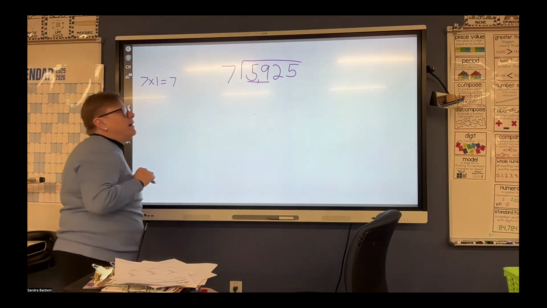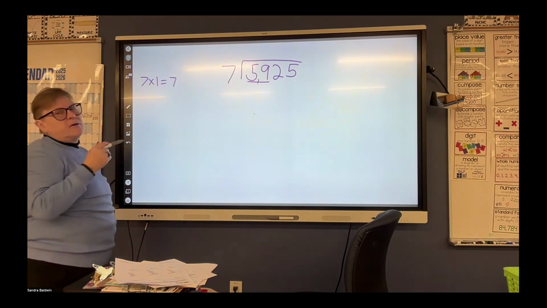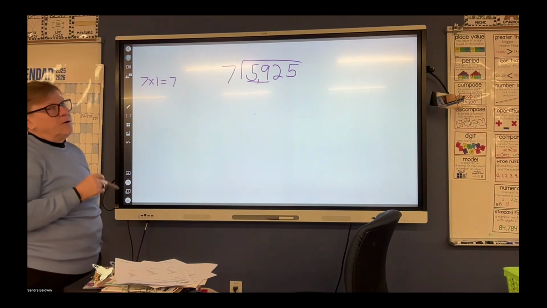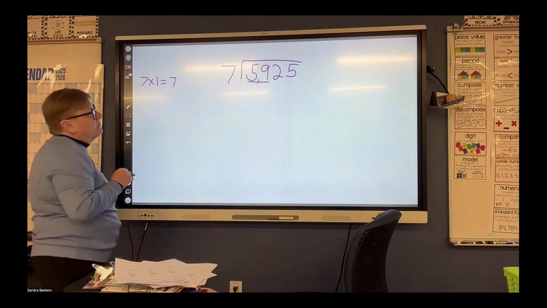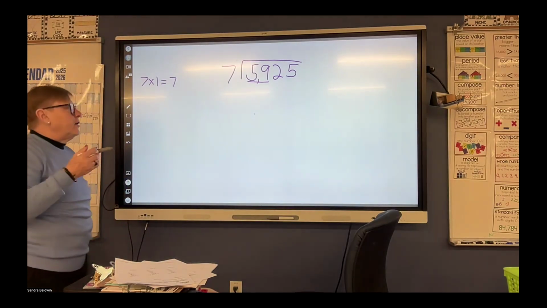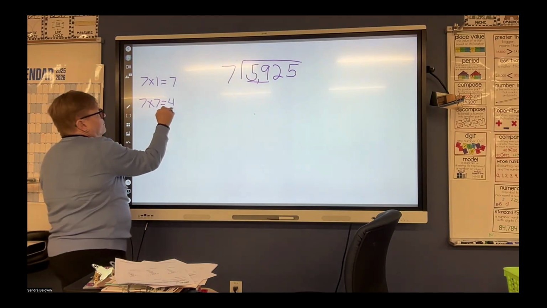So now I ask myself, 7 times what gets me as close to 59 as possible without going over? Well, I know my squares, so I know 7 times 7 is 49.